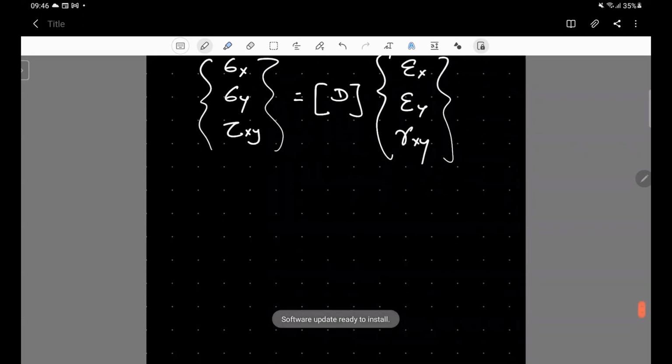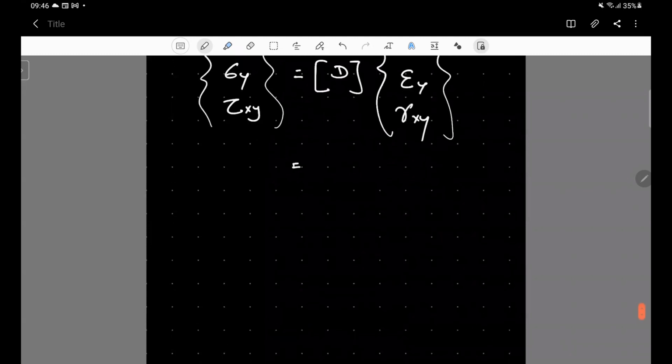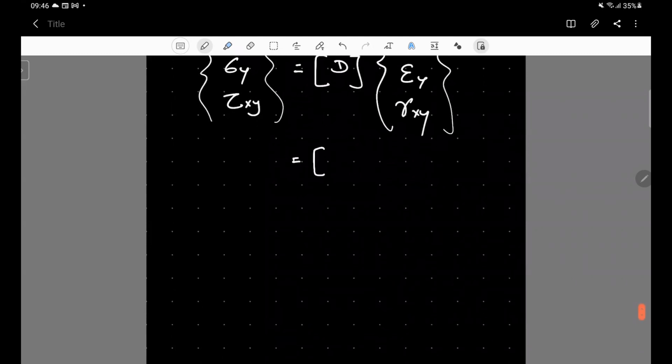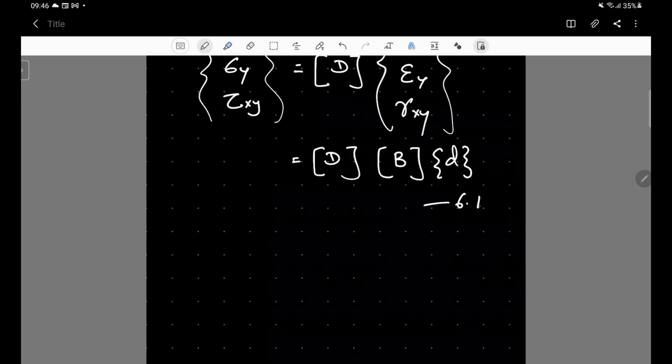So all in all, this equation would be D, and since the strain equation can be expressed in terms of B times d, we can write the complete stress equation using the D matrix and B matrix.